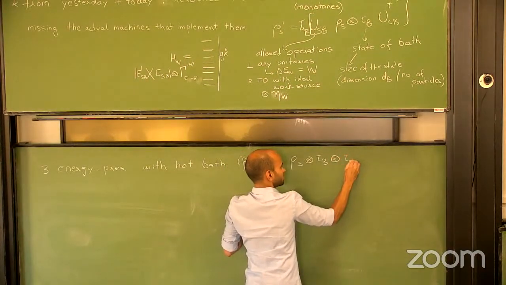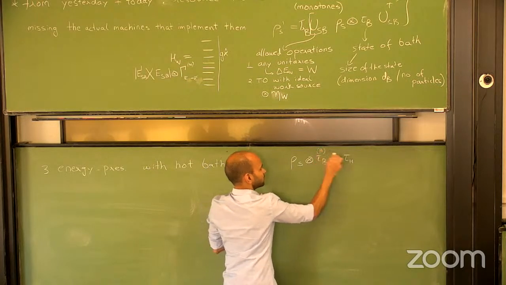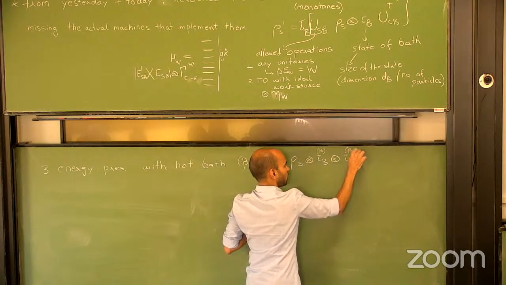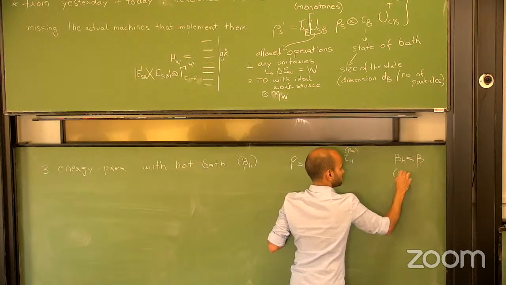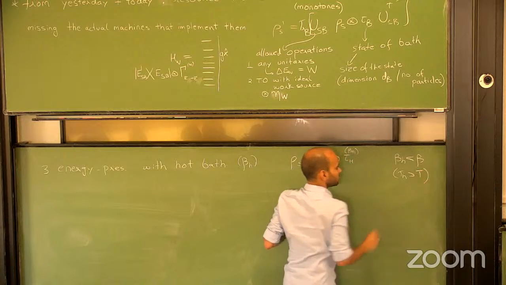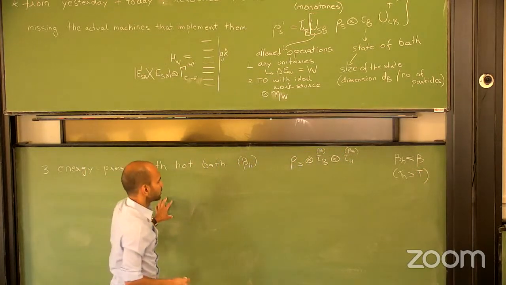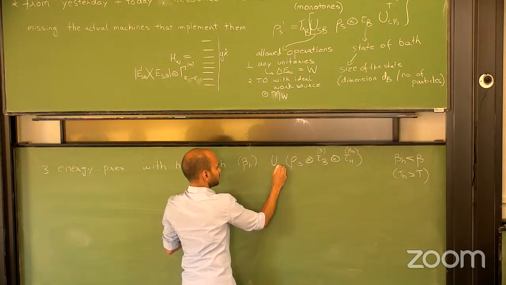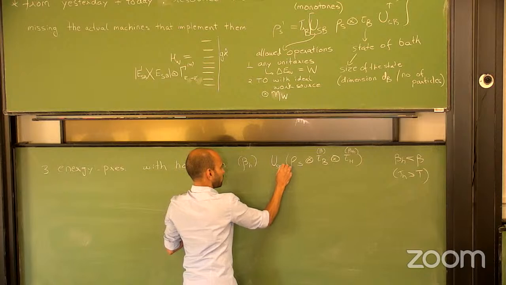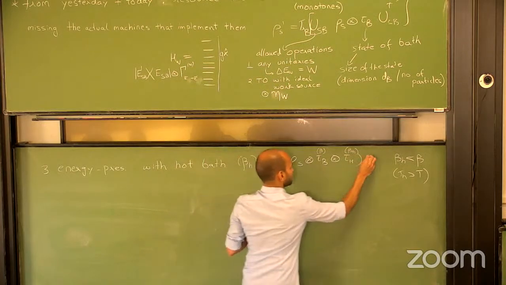Remember, this one is at beta, and this one is at another temperature, beta hot. By assumption, beta hot is less than beta because T hot is greater than T. So the hot bath is hotter than your environment, and it acts as a source of heat. Now I do a unitary on system, bath, and the hot state. This is again like thermal operations, energy preserving on the entire thing: system, bath, hot.